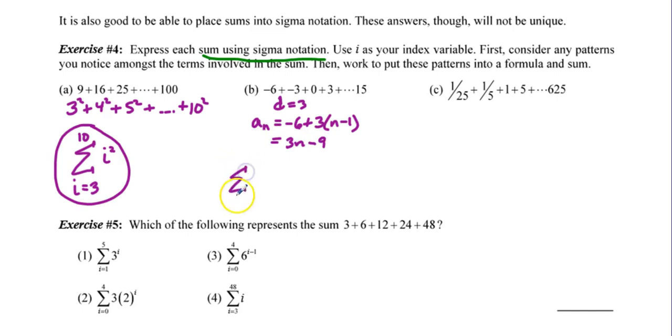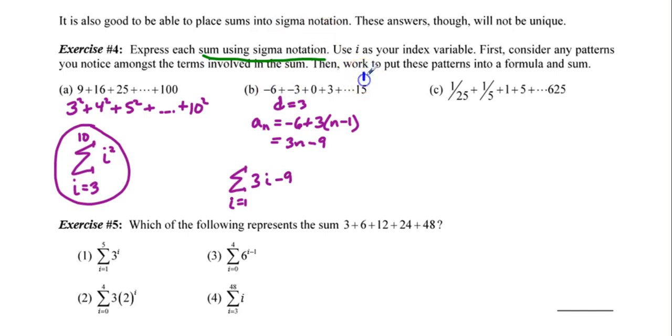We need an explicit formula, not a recursive formula in here. So we will start with i being 1. And this is our formula, 3 times i minus 9. Let's just verify that it works for the first term. So when I sub in 1 for i I get 3 minus 9, -6. Okay, it works for the first term. I do need to check which term number this is going to be.